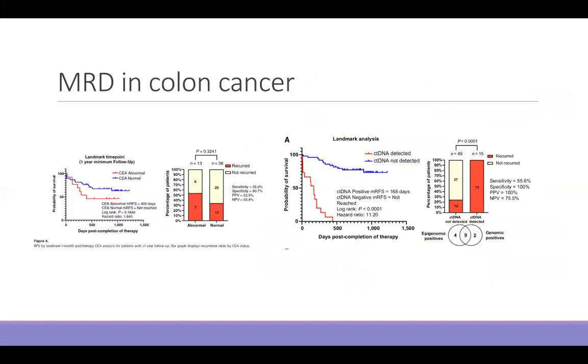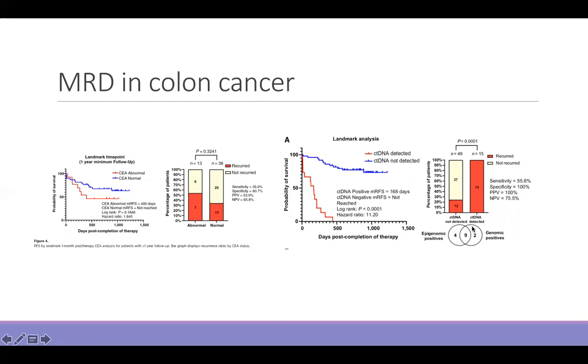So here is the performance of CEA on the left side. You can see CEA abnormal group doing worse in terms of survival. But in the abnormal group, you can see that relapse rate is just a little bit higher than normal group.